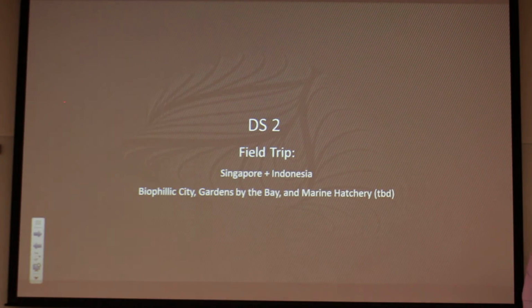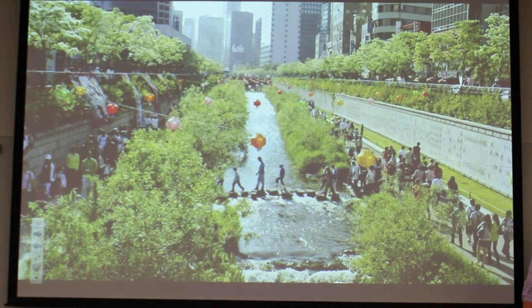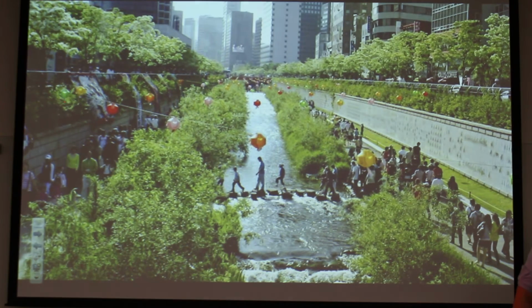And our field trip this year, still in progress, is going to be to Singapore and potentially Indonesia. We're going to look at Singapore as a biophilic city. So it's a highly populated, dense island of 5 million residents, which has the impressive goal of becoming a city and a garden.